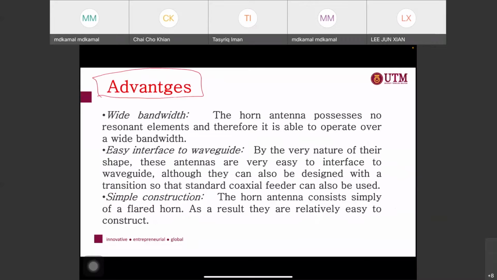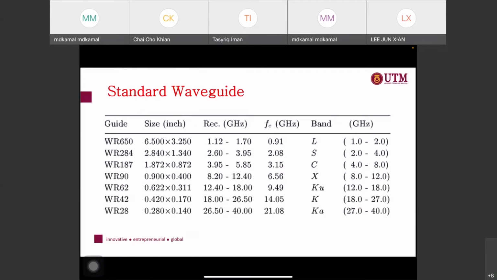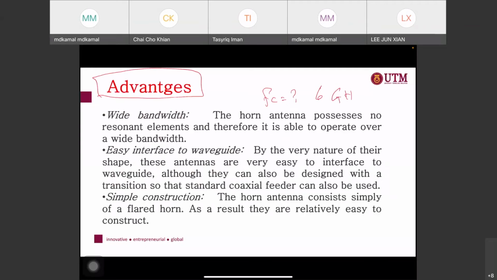So if you know the cutoff frequency, let's say for example, you calculate the cutoff frequency and you get 6 gigahertz. So in terms of the resonance, you can have this as a cutoff. It looks like this waveguide works as what we call a high pass filter.